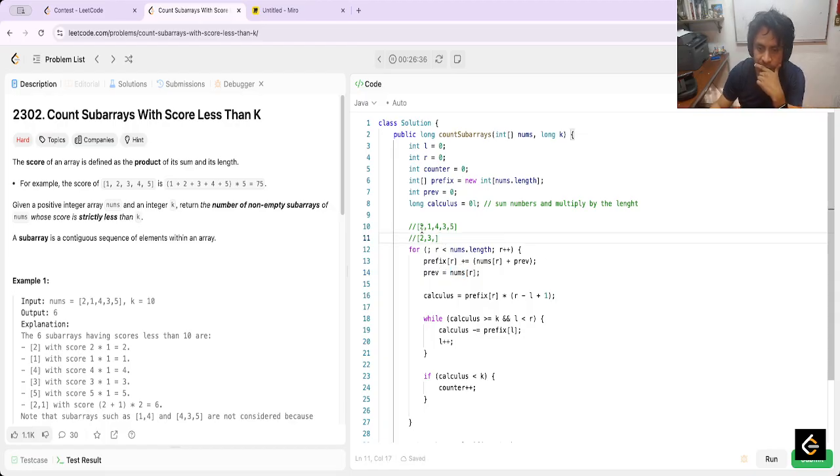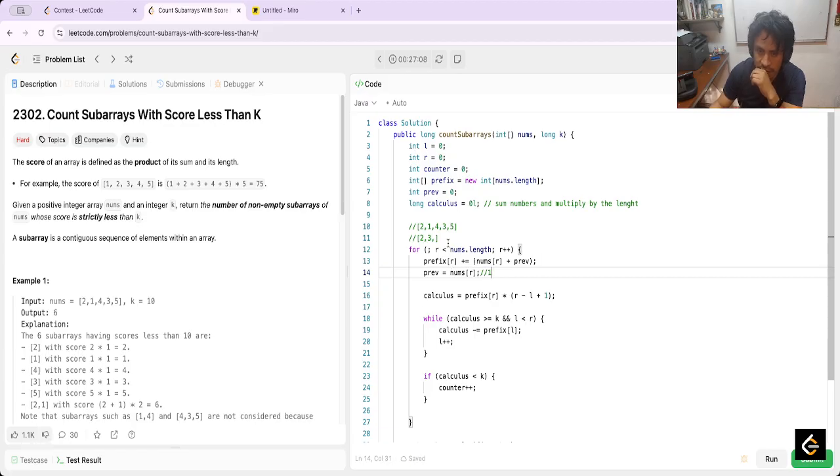Prefix in the position r that is 0 equals nums 2 plus prep 0, that is 2, and prep is equal to nums, that is 2. Now prefix in the position r plus equals nums 1 plus prep, that is 2, now is 3, and prep is equal to 1.